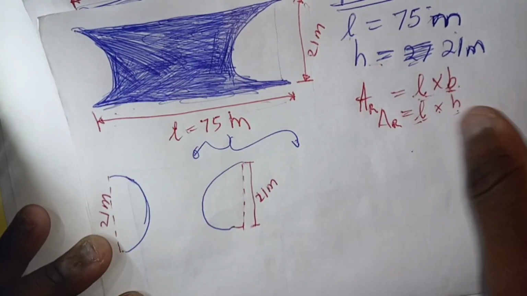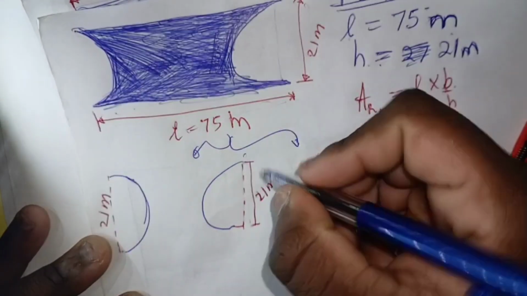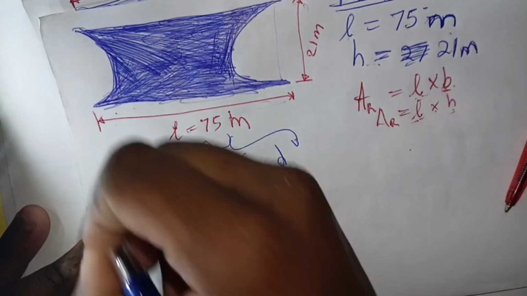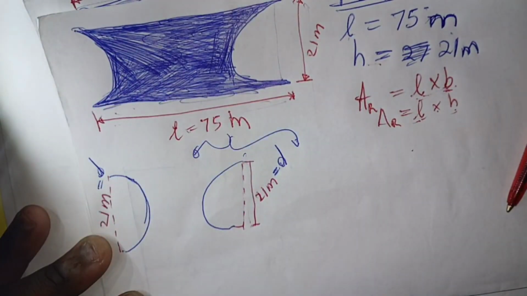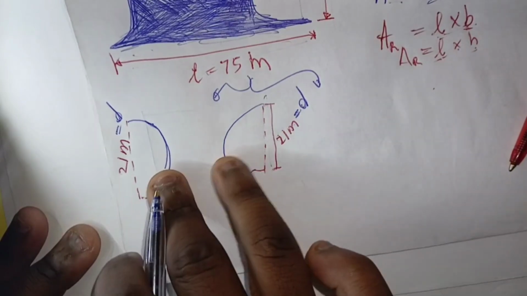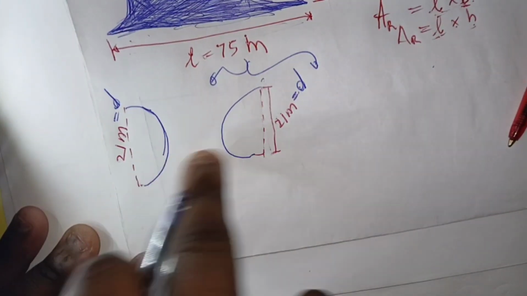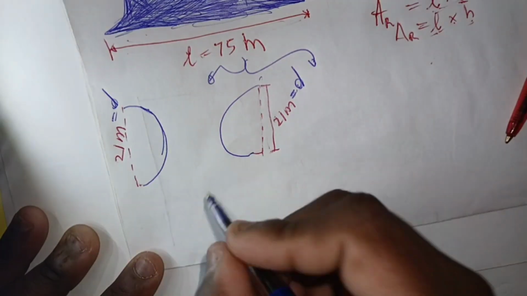And that distance, guys, it is what? It is just a radius. You mean a diameter. It's not a radius, it is a diameter. And when you combine these two semicircles, they go in.